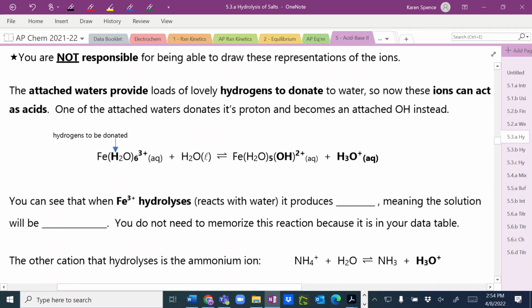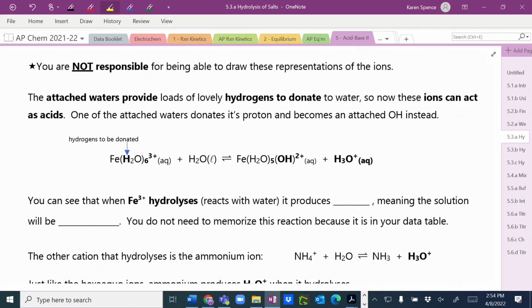So if we look at how these things donate, we have our hydrogen in the water, and it gets donated to the liquid water floating around, the solvent, and that gives us H3O+. Since one water gave away its hydrogen, instead of having 6 waters, now we only have 5 waters, and one of them has turned into hydroxide.